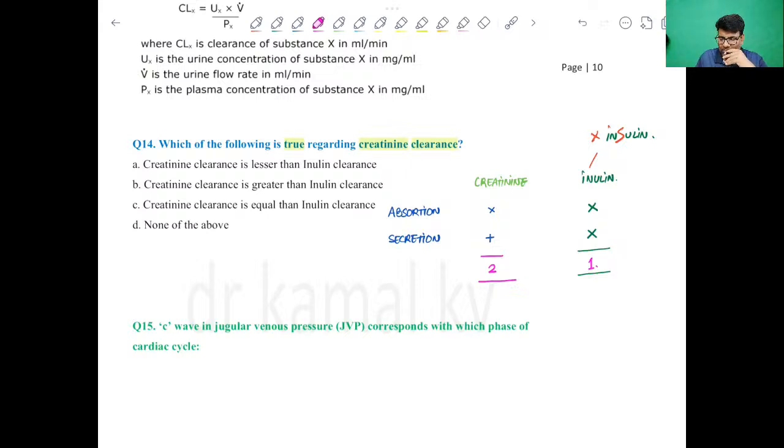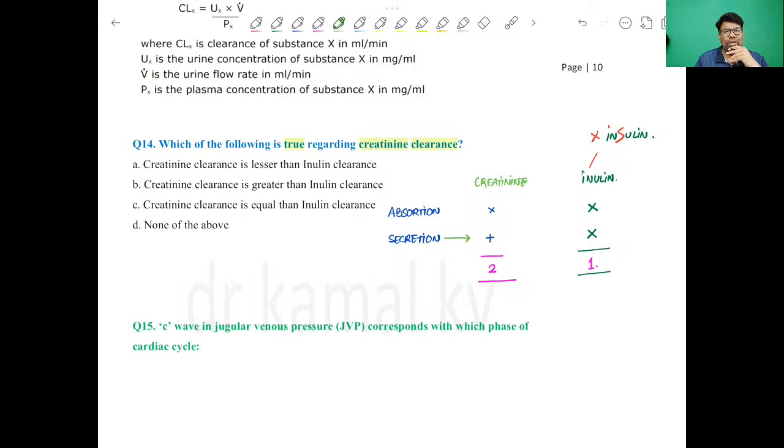What I mean to say is that since there is some secretion of creatinine in the tubule, the amount of creatinine excreted out through the urine is high as compared to inulin, because in inulin there is no additional secretion.